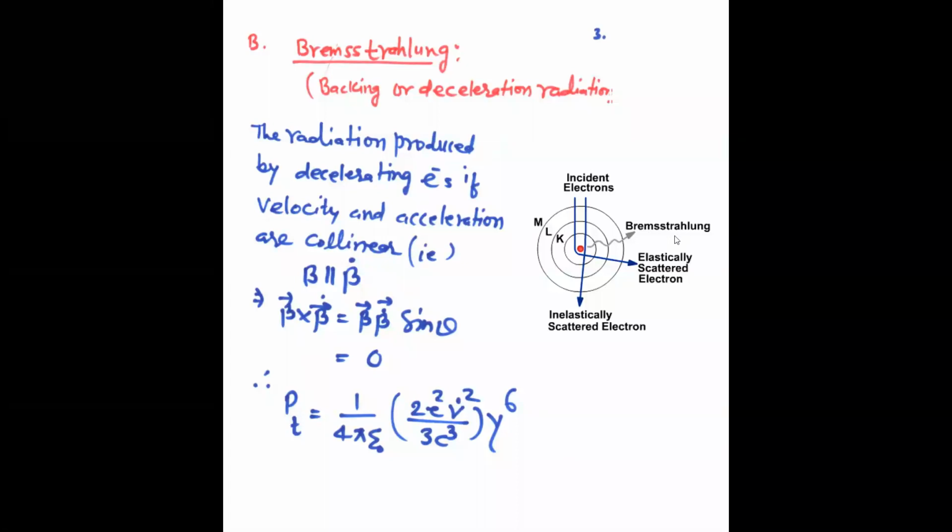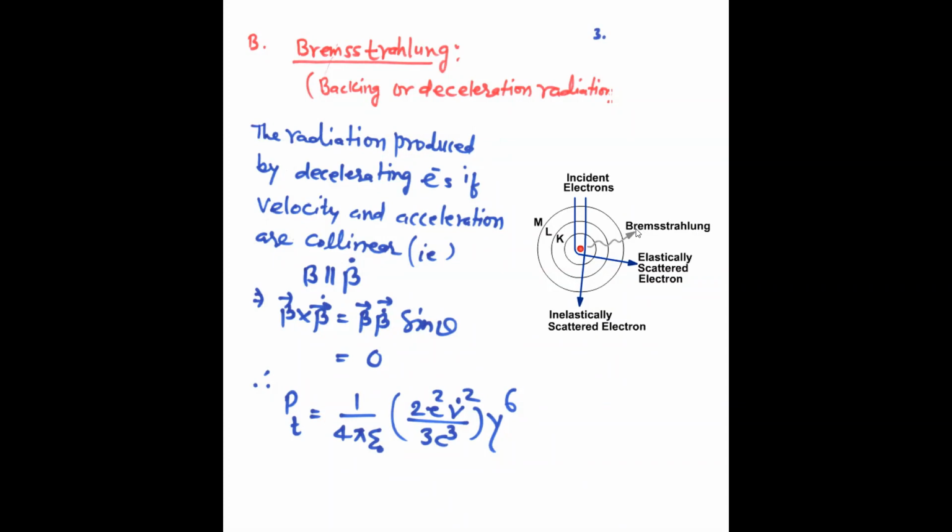Bremsstrahlung is basically a German word, and it is divided into two parts: Brems and Strahlung. Brems means braking and Strahlung means radiation.